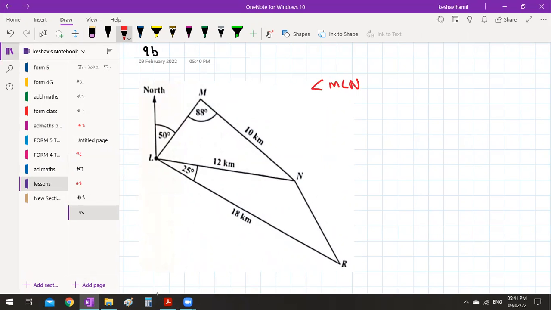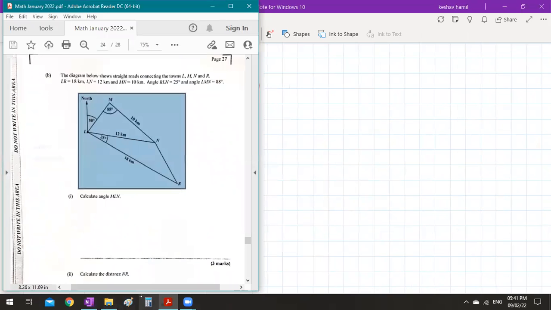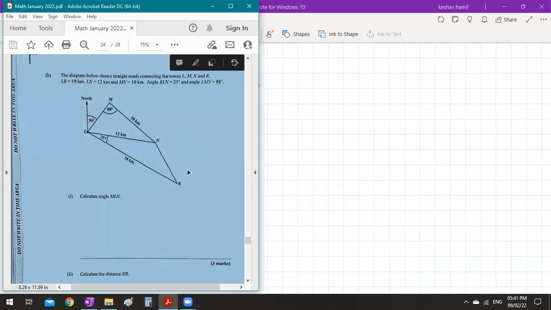So MLN, this angle here. Now, right, so let's begin. So that angle there. Just using the information one more time to make sure I don't miss anything.